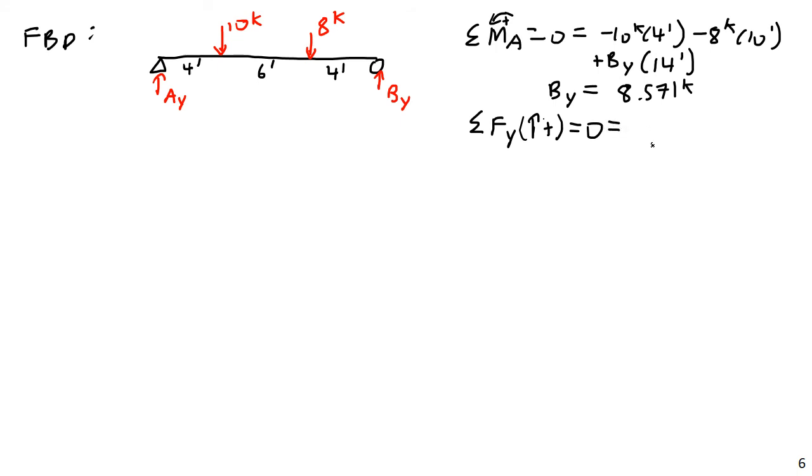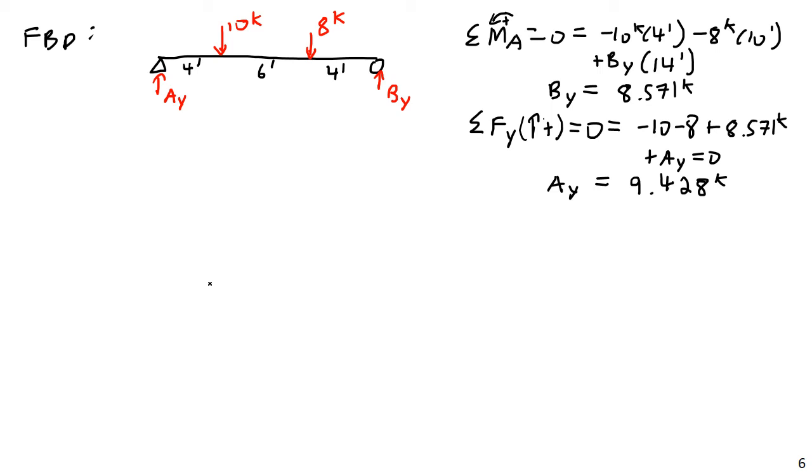It must equal 0, and therefore I can simply say negative 10 minus 8 plus 8.571, and then plus AY equals 0. So therefore AY is equal to 9.428 kips, if I mathed that correctly. So we have our reactions, and now I can create my shear and bending moment diagrams.